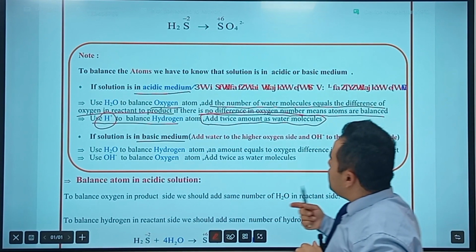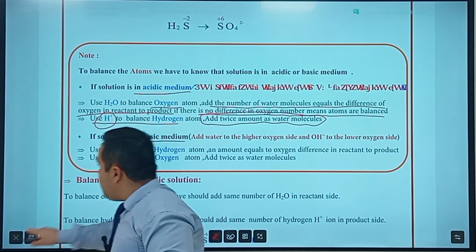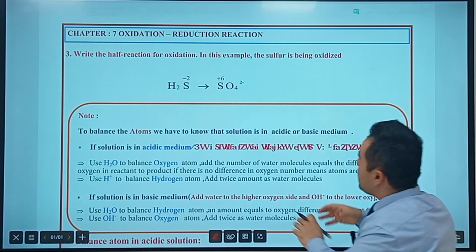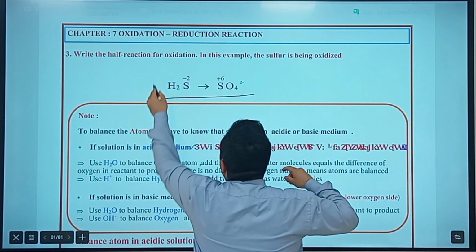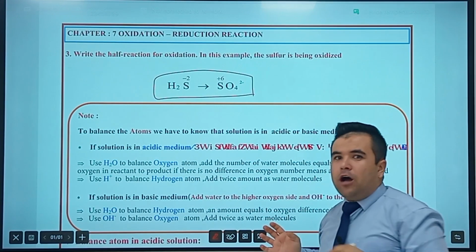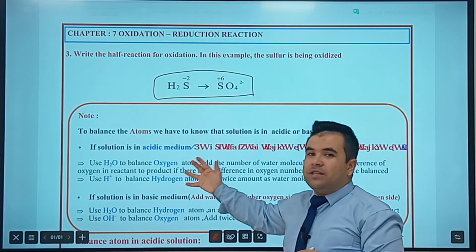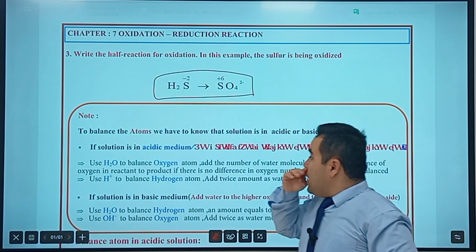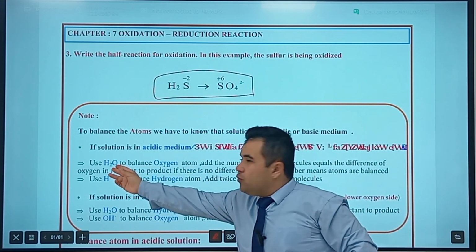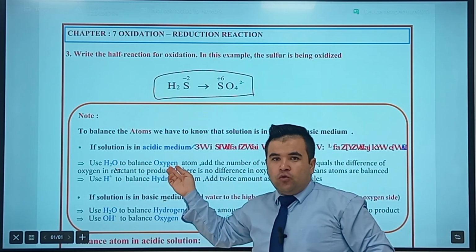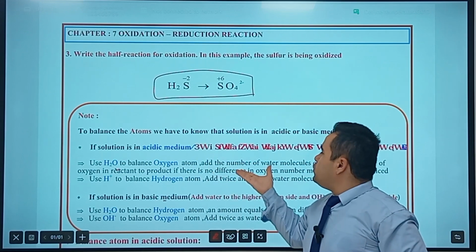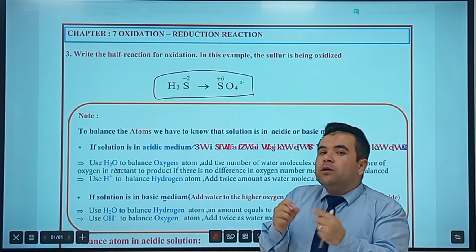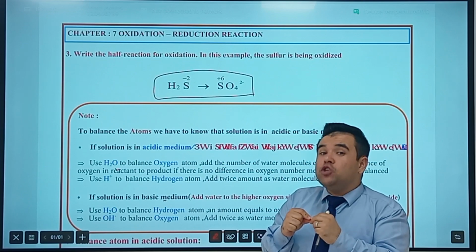For example, have a look at this half reaction. Here I am balancing this half to show you how to use this technique of adding H2O and protons to the sides. We add H2O equal to the difference of oxygen from reactant to product, to the side with the lower oxygen number.